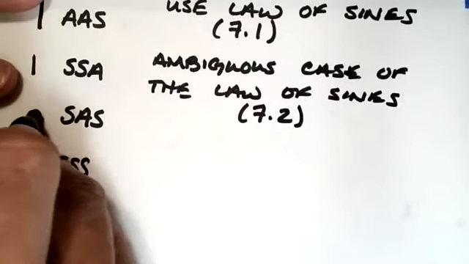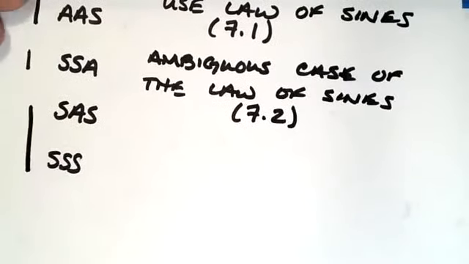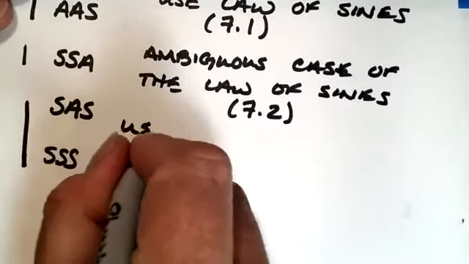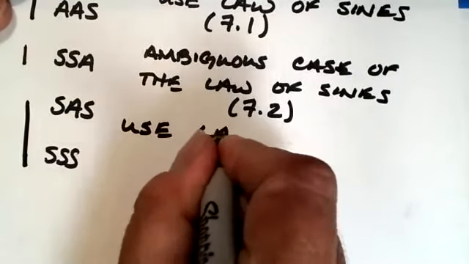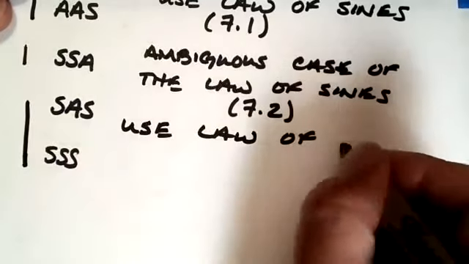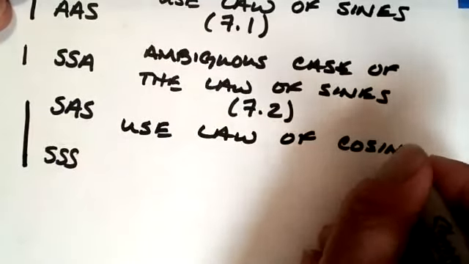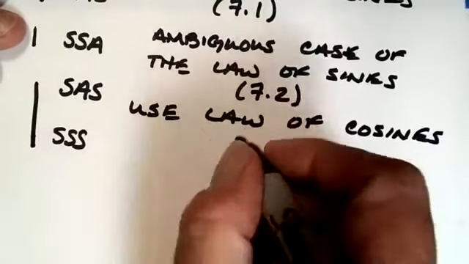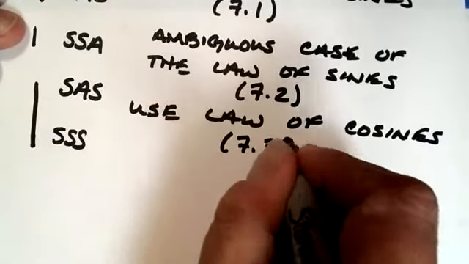And then finally, you have these other two combinations, which we will use the so-called law of cosines. And we will derive that as well in a similar way to the way we derive the law of sines, but this is all in section 7.3.